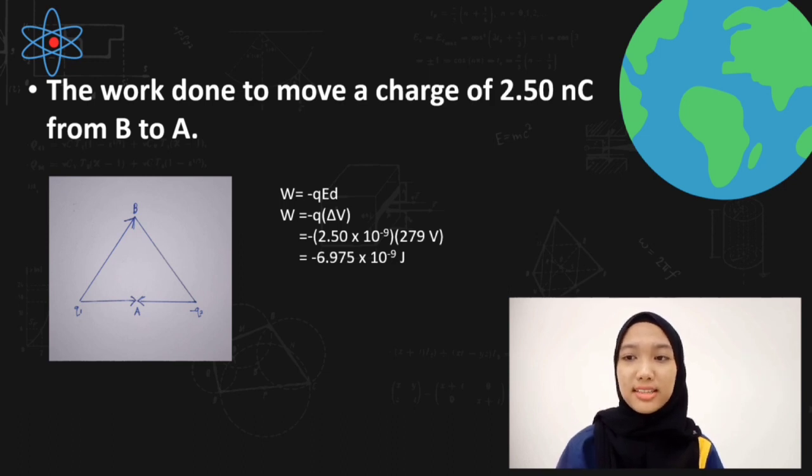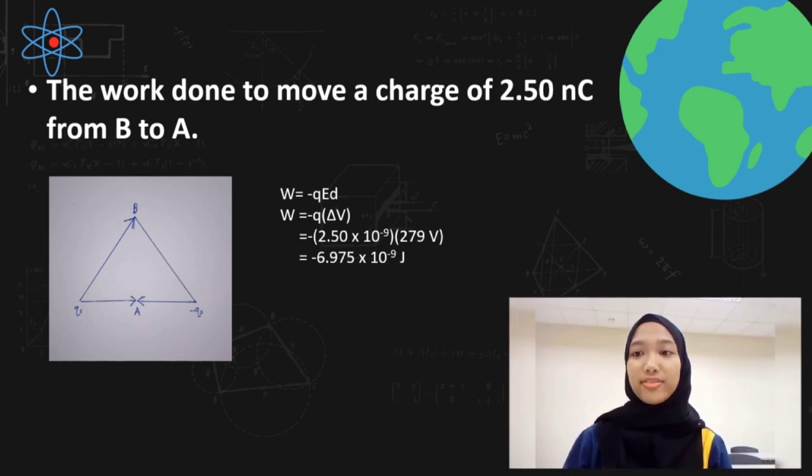This work done is on the system and the charge needs to be moved from point B to point A. The charge given in the question is 2.5 nanocoulomb and delta V is the potential difference between point A and point B. Substitute the values, which is negative 2.5 times 10 to the power of negative 9 times 279 V, and the answer for the work done is negative 6.975 times 10 to the power of negative 7 joule.